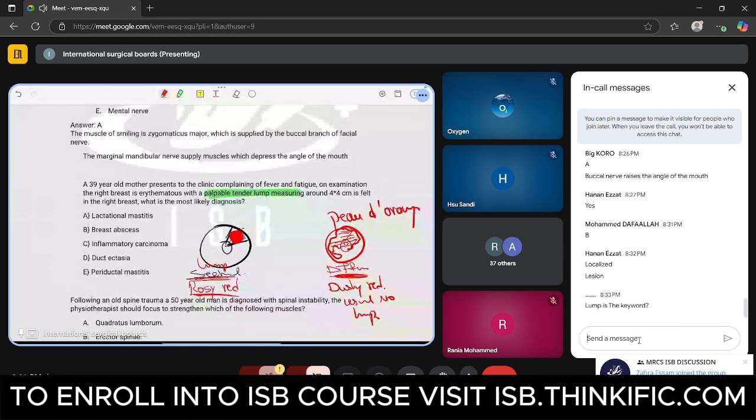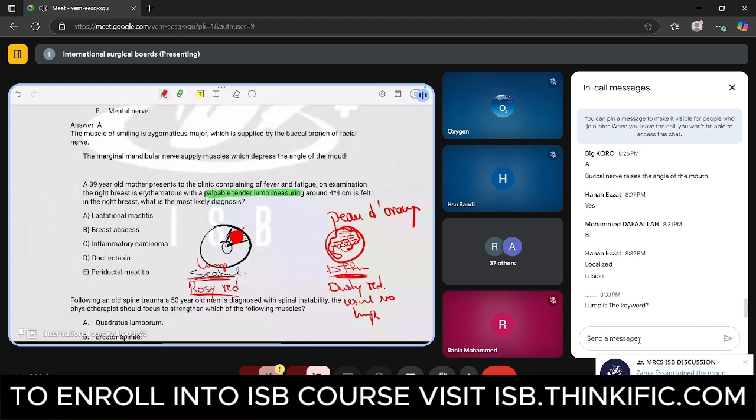Now, I want to also add a small note. The most common mimicker of breast cancer is chronic breast abscess. Chronic breast abscess presents with a hard mass because sometimes there's calcification and dense fibrosis. It may be fixed because of fibrosis. The nipple can become retracted because of the fibrotic reaction around the abscess cavity, and there may even be peau d'orange.